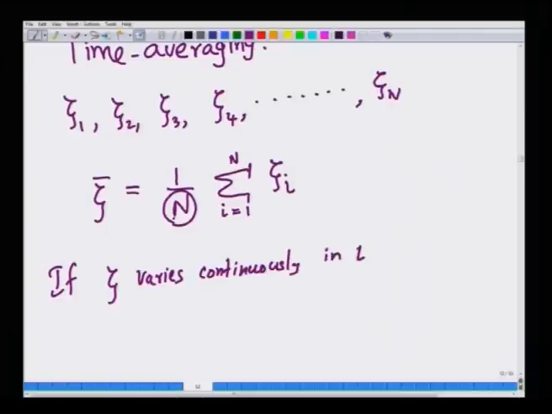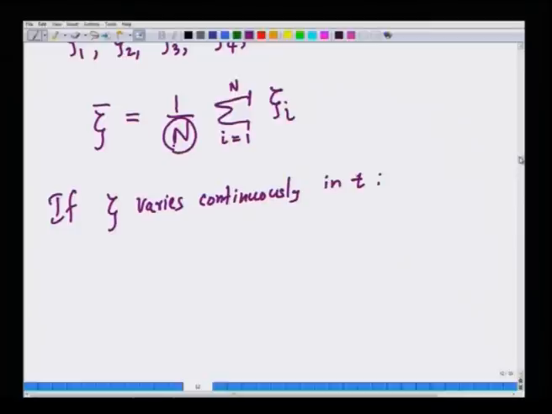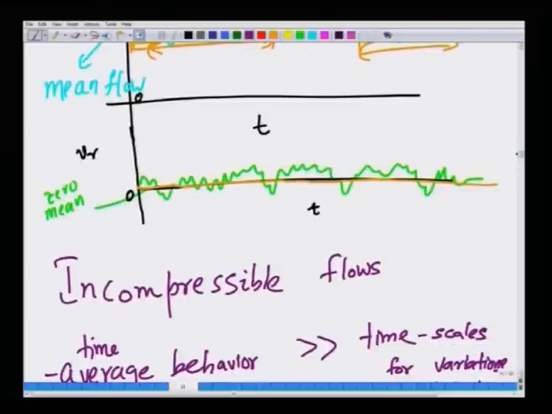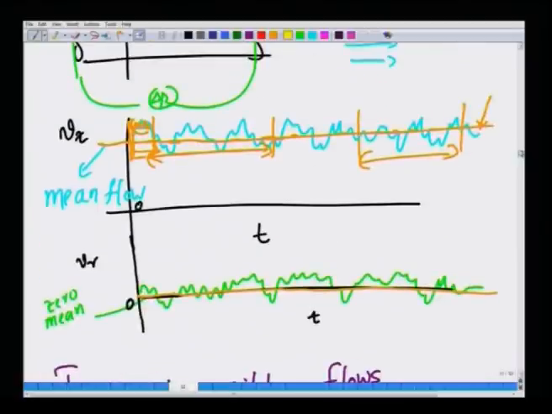If zeta varies continuously with time, then you can convert this definition to an integral. So time average will be denoted by an over bar. Over bar denotes time average from now on. Suppose I look at this sketch of what a turbulent velocity fluctuation looks like.